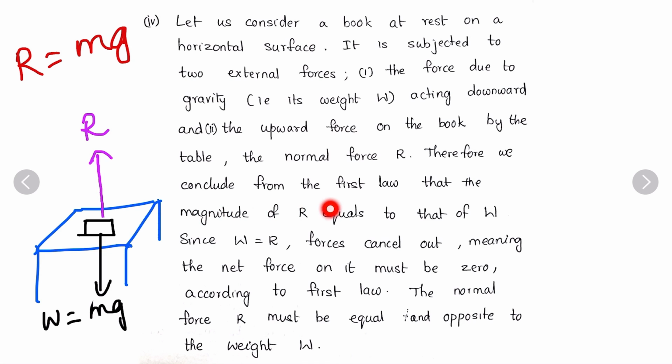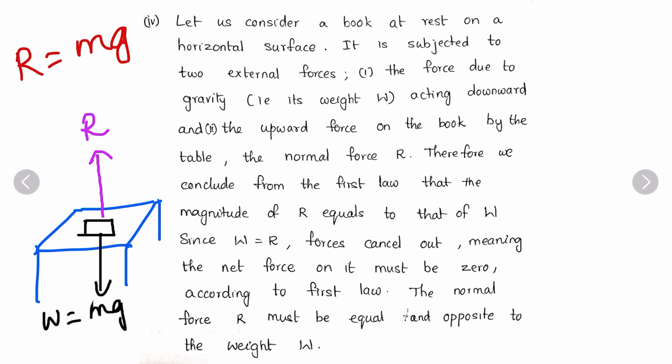Therefore, we conclude from the first law that the magnitude of R is equal to that of W. That means R is equal to mg, meaning that the net force on it must be 0.